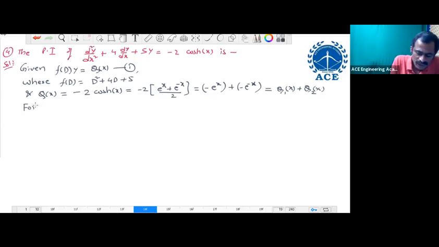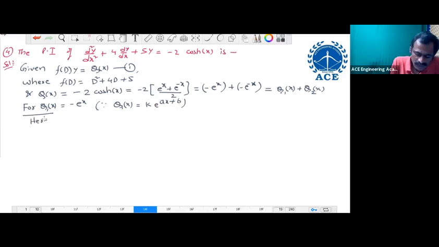Let us consider the first one. For q1 of x equal to minus e power x, since it is in the form of k into e power ax plus b only, a equal to 1.